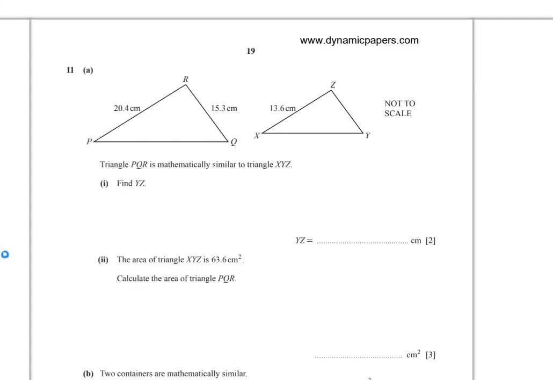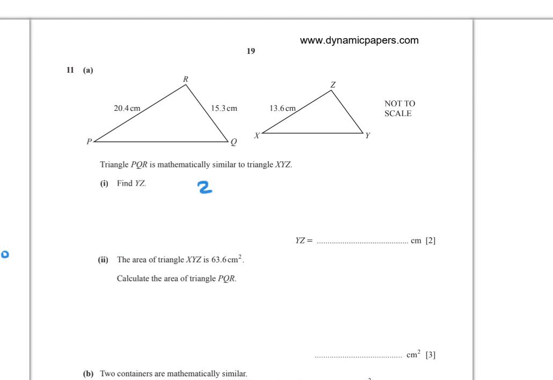11a. Triangle PQR is mathematically similar to triangle XYZ. Find YZ. If they are similar, the sides are proportional. So this side over that one equals this side over that one.